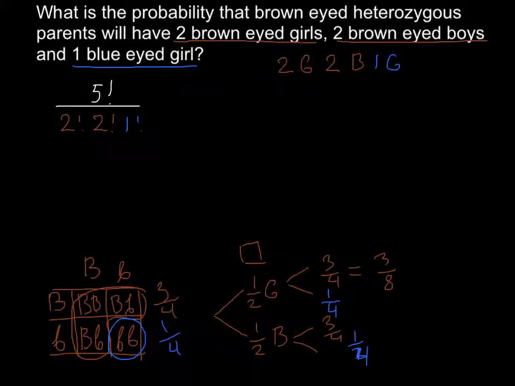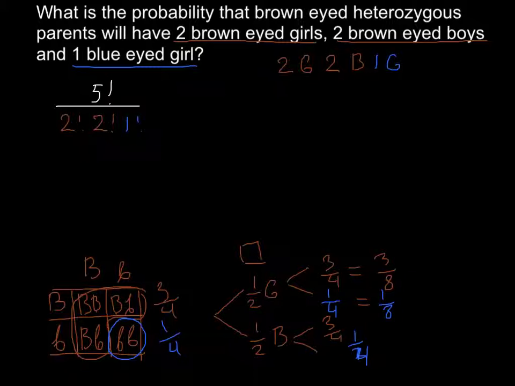And here we also multiply the probability for the child to be a girl and the probability for a girl to have blue eyes, 1/2 multiplied by 1/4, so this would be 1/8.